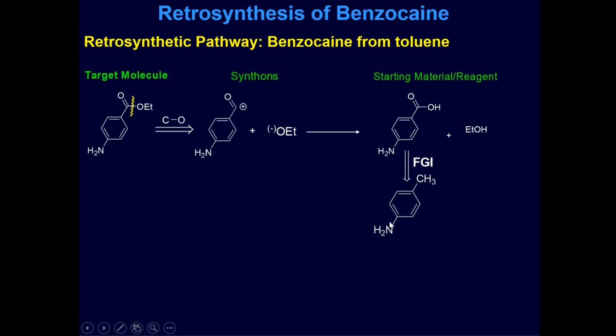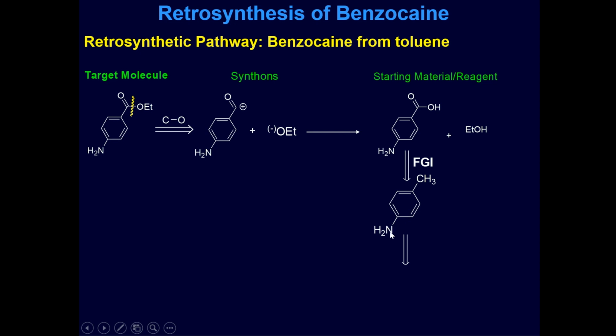Now, how to get this para amino toluene, or para-toluidine? I can break this carbon and nitrogen bond. NH2 minus is electron rich, and benzene is electron rich. The benzene and amino group cannot react directly because both are electron rich.